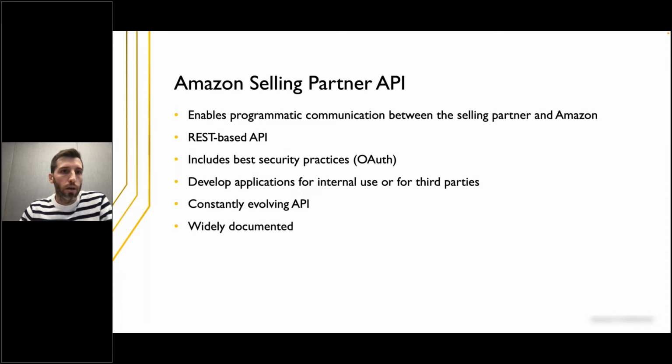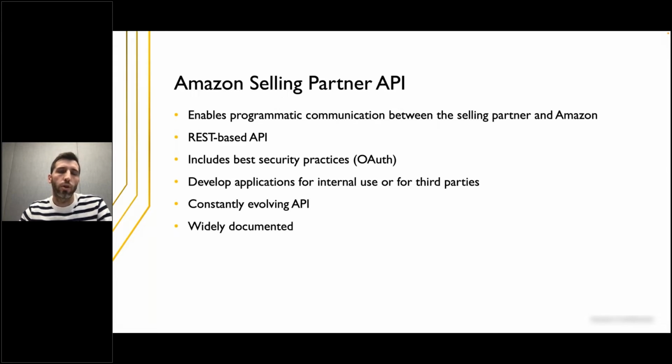So let's start with a brief introduction to the Selling Partner API for the ones of you who have not used it before, or are just planning to integrate, or are even starting your integration with the Selling Partner API. What the SP API provides is the ability to connect programmatically the selling partner business and Amazon.